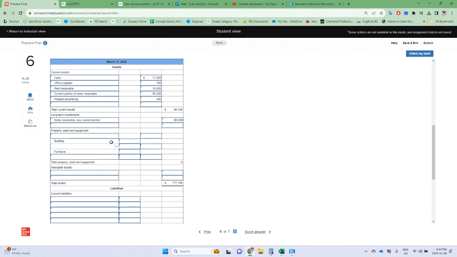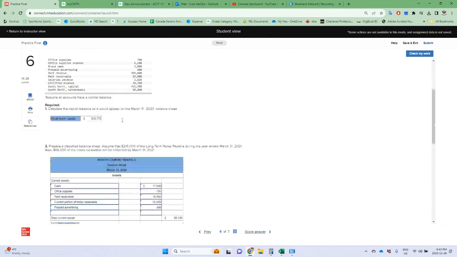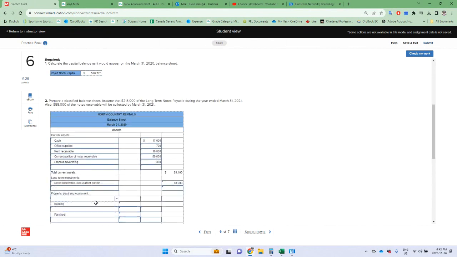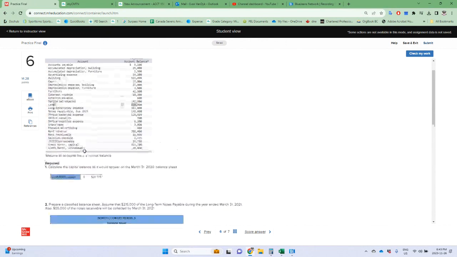And then we've got our property, plant, and equipment. Let's start with land here, 110,000. We got our building at 591.